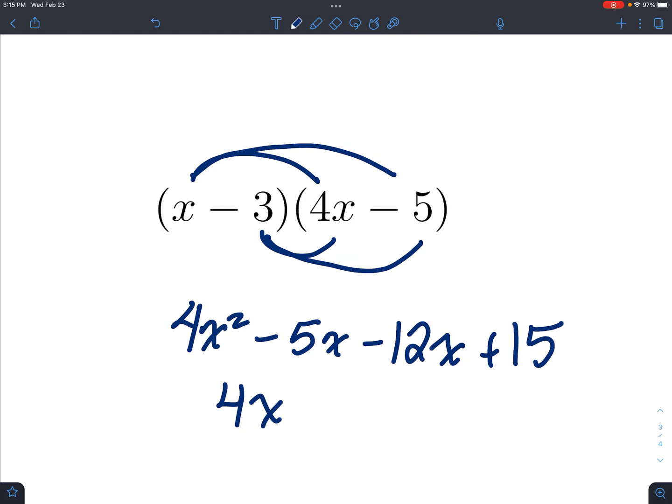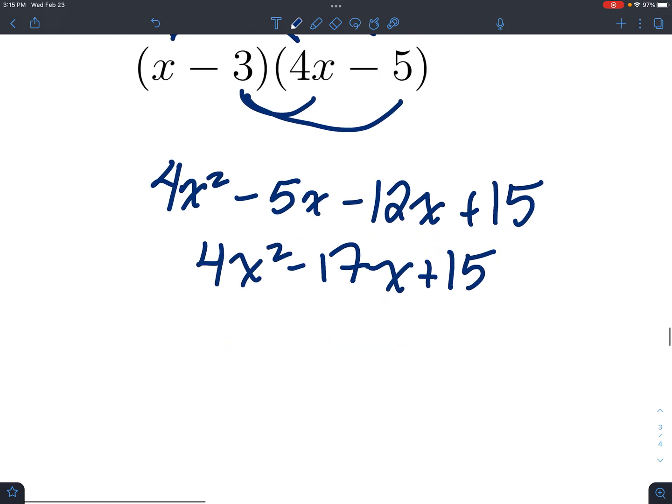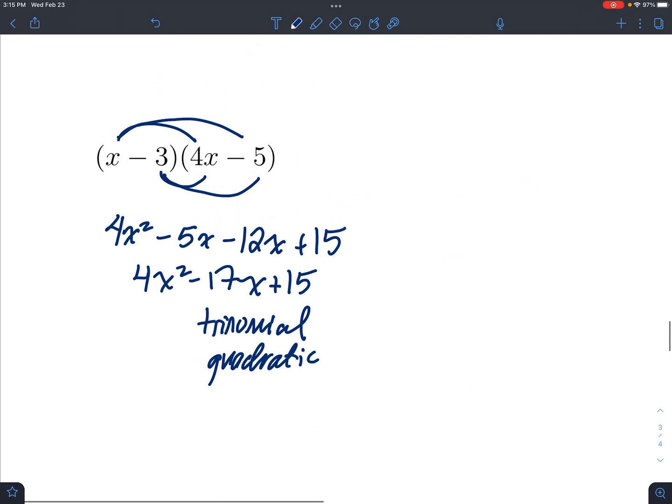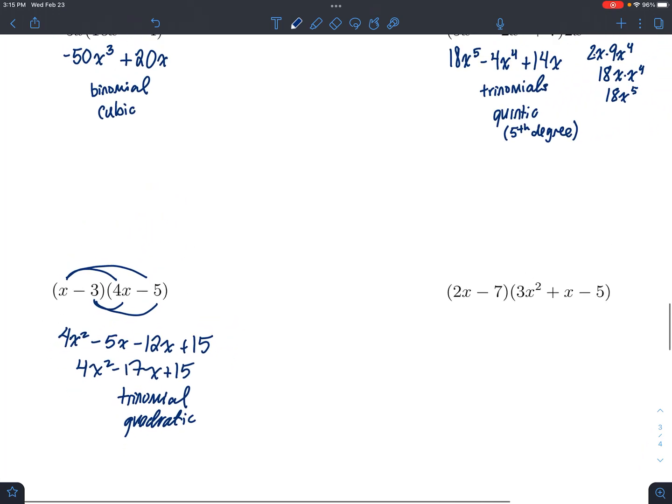Okay, it's important to combine like terms after this so that we know that this is in fact a trinomial and it's quadratic. Probably our most common polynomial for this section in this chapter. So make sure you're good on FOIL.